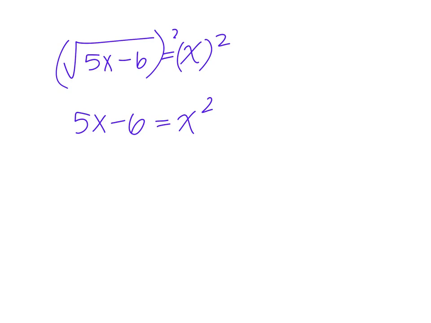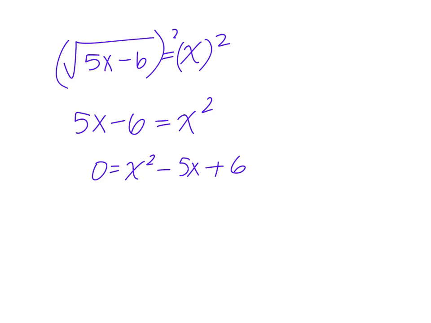So now we have a quadratic equation, which we know how to simplify, or to evaluate, I mean. We'll move everything to one side, wherever x squared is positive, and then solve by either factoring or using the quadratic equation. So I'll move everything to the right side. So we'll subtract 5x and add 6. So 0 is equal to x squared minus 5x plus 6.